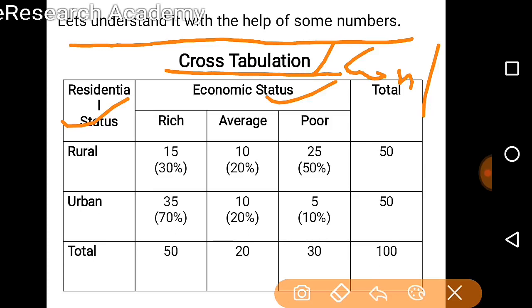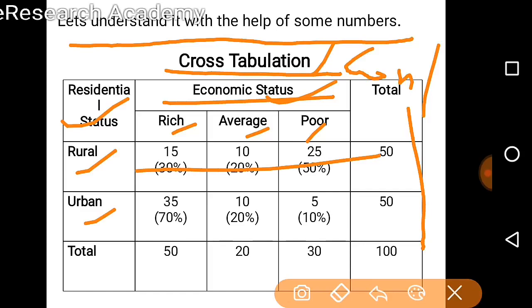In this table, in the rows there are the categories related to residential status, and in the columns there are categories of economic status: rich, average and poor. And these are the totals row-wise and column-wise.